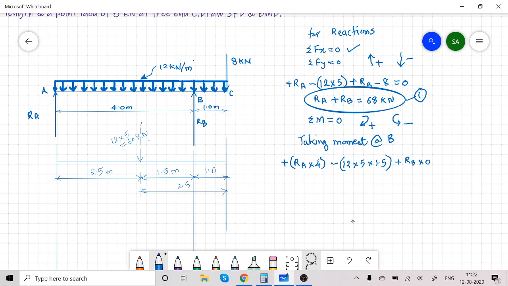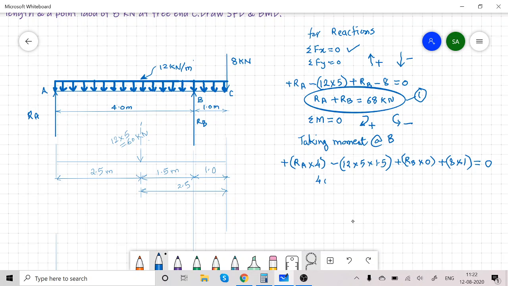There is no need to write RB into 0 as we are taking moment about B. RB is passing through B, so perpendicular distance is 0, plus 8 into 1. This is clockwise moment of that 8 kilonewton point load about B. This must be equal to 0.